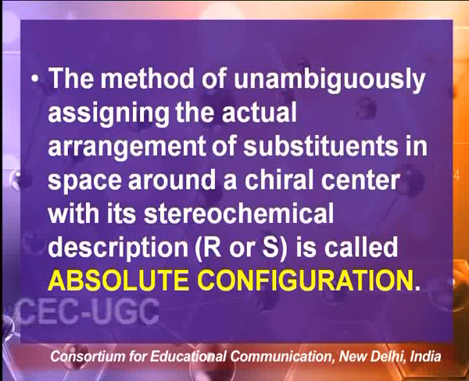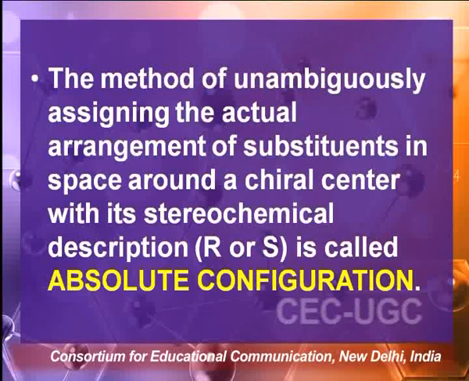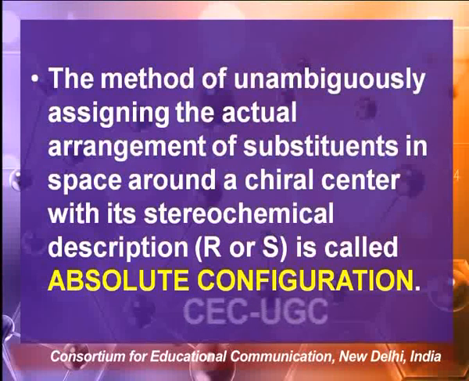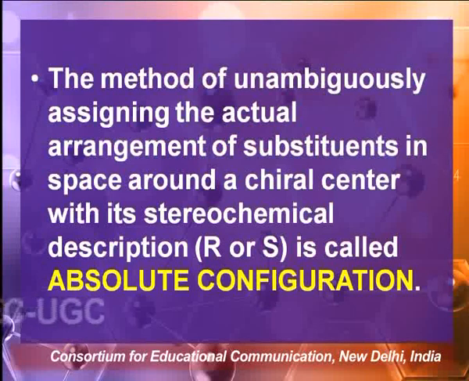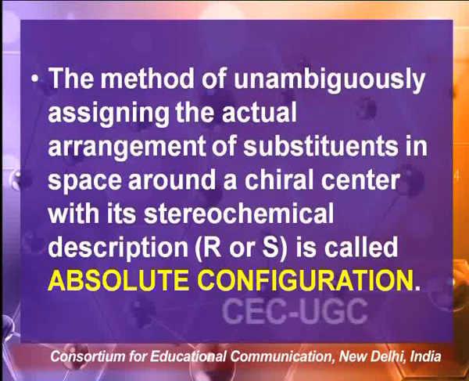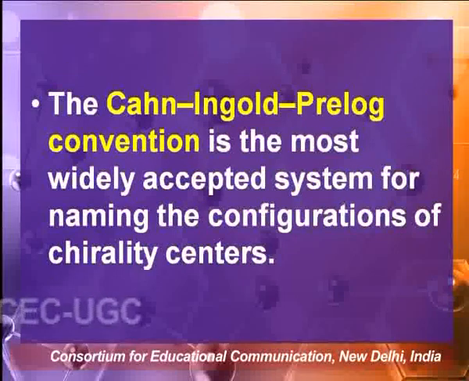So that means when we are giving absolute configuration to a molecule, we are talking without doubt about the specific arrangement of substituents in space around a chiral center. And this specific arrangement of groups around the chiral center is then described by the notations R or S.